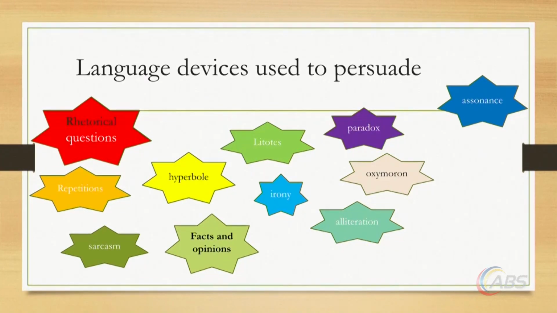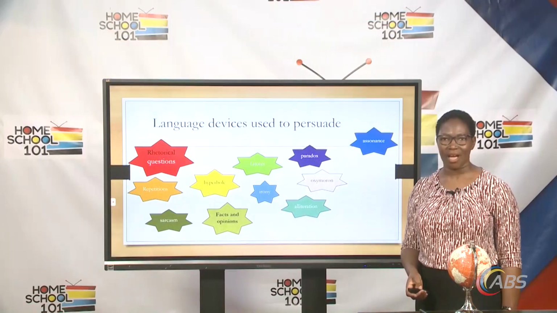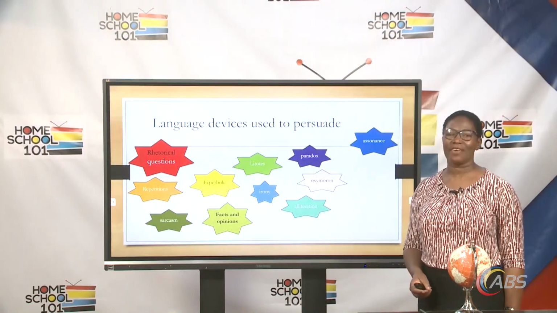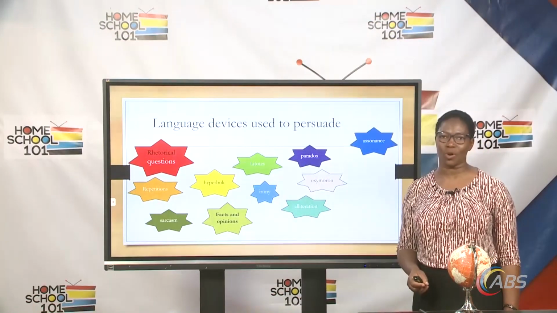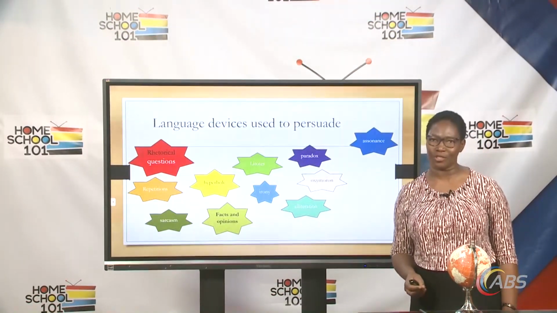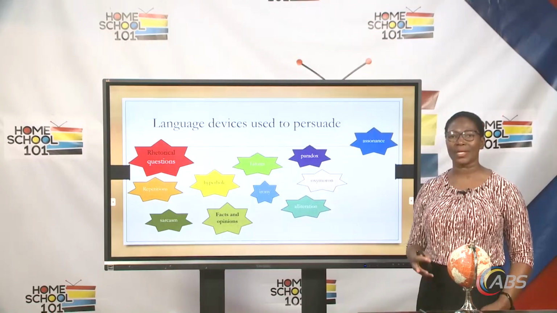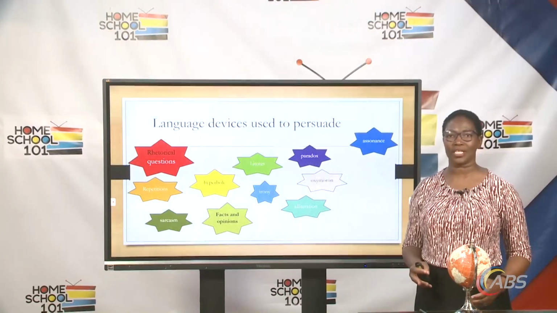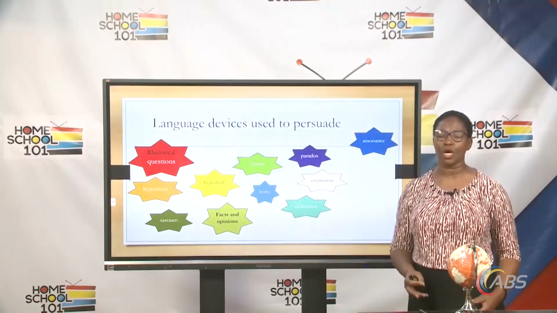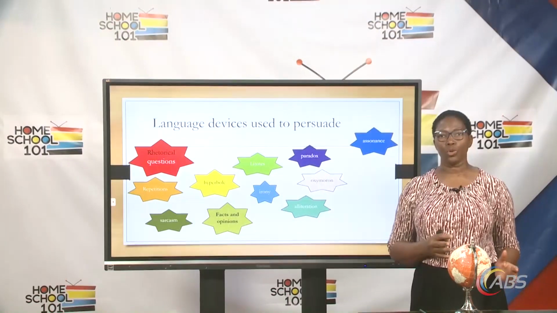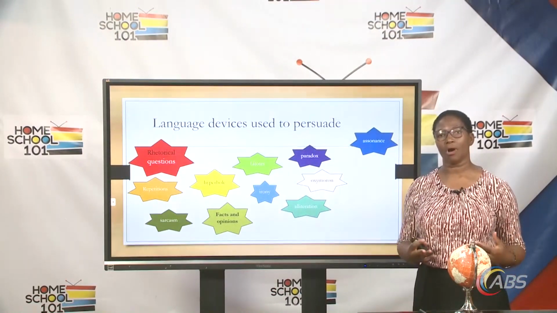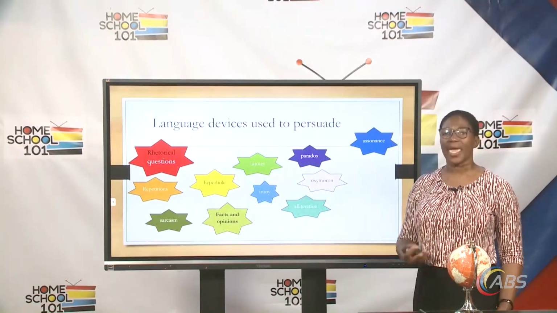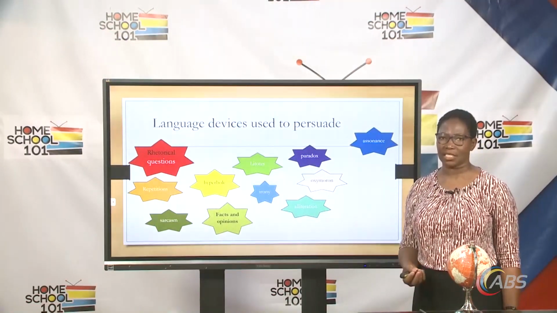Oxymoron. Do you remember what an oxymoron is? If you focus on the last part of this word, moron, it might help you to remember, because what happens is that the person using this device puts two opposite terms together, but they do so in order to make a point, to emphasize something.